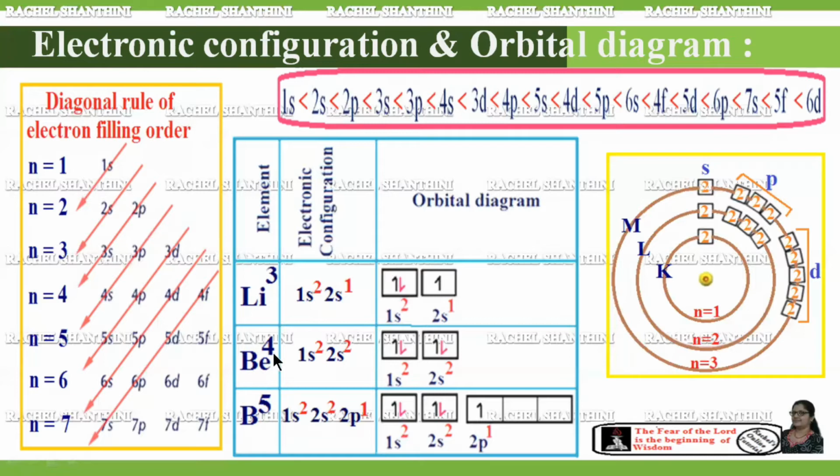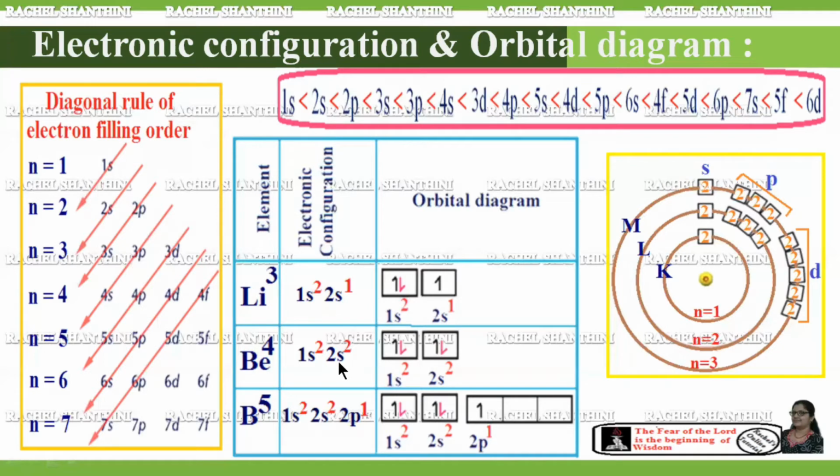Coming to beryllium, we have how many electrons? 4 electrons. So shall we start writing the electronic configuration? The first lower energy level is 1s. So 1s. Coming to the second diagonal line, the next higher energy level is 2s, right? So we have written 2s here.